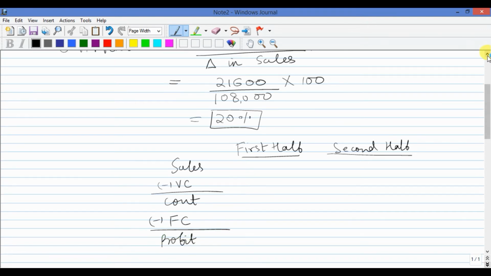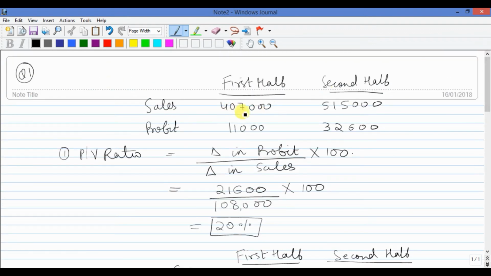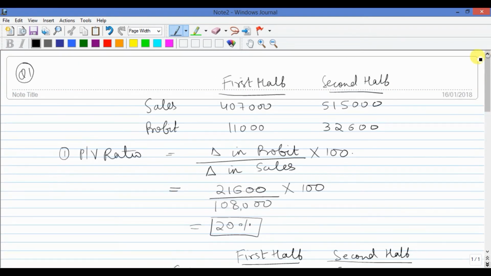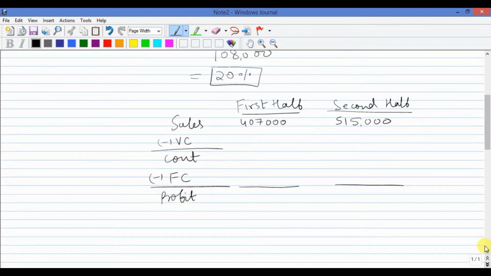They have given us the sales as 4,07,000 and 5,15,000, and the profit is 11,000 and 32,600.